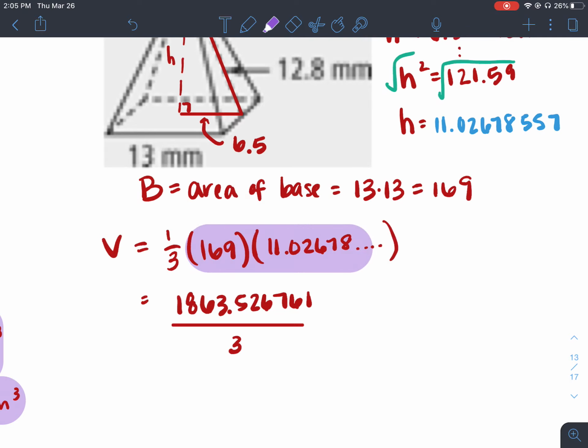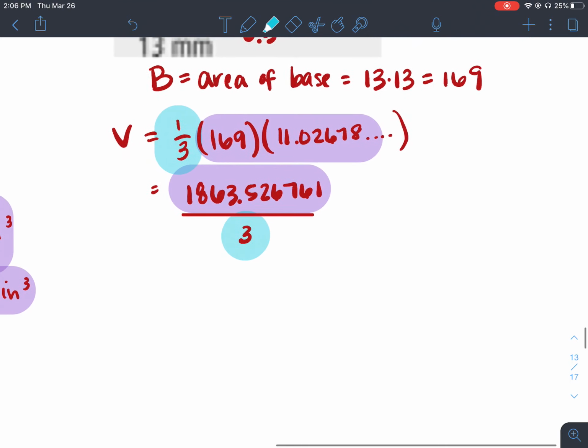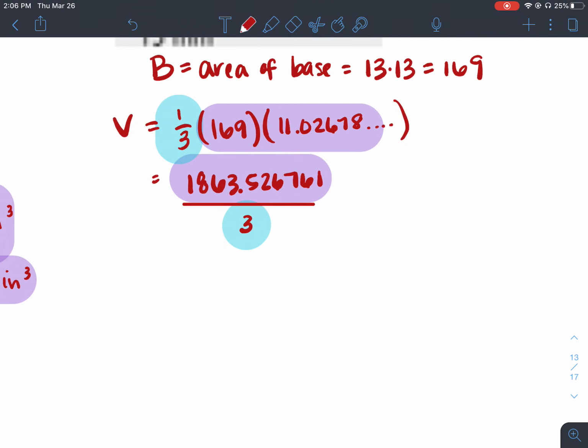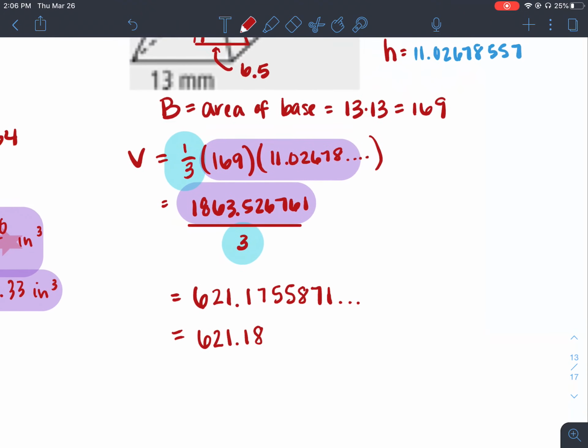So these two numbers together, when I multiply them, give me this numerator, and multiplying by 1/3 is the same as dividing by 3. And so if I do that, or if I multiply 1/3 times 169 times 11 point blah, blah, blah, I should get 621.1755871, dot, dot, dot, which if we round to the nearest hundredth, which on this one we would most likely do, we have 621.18.